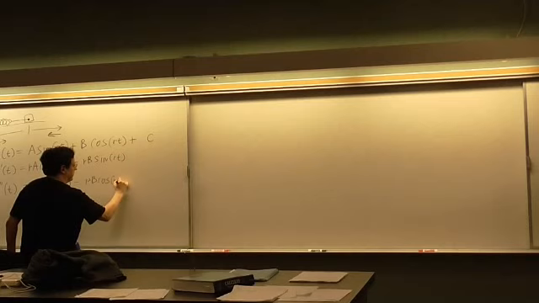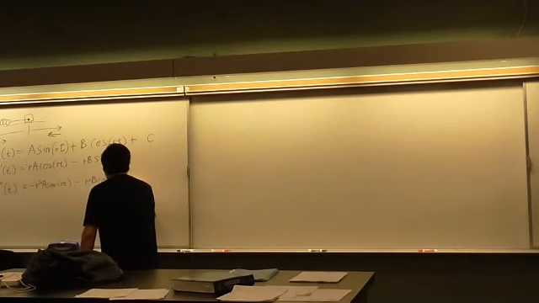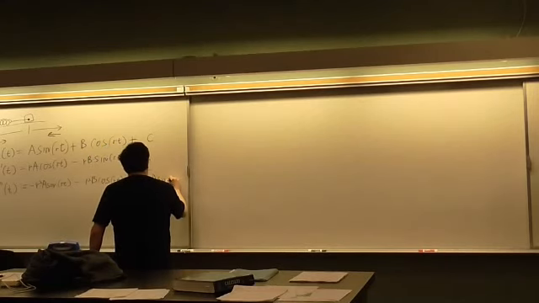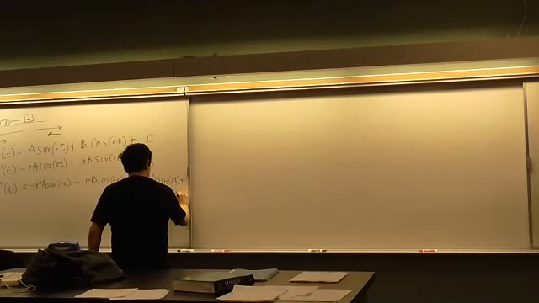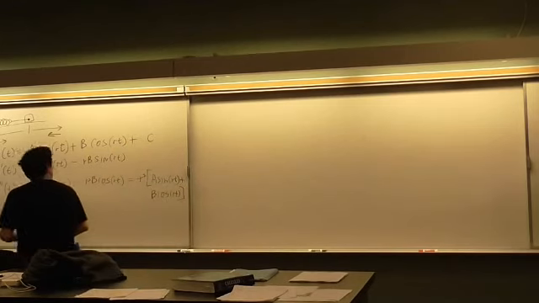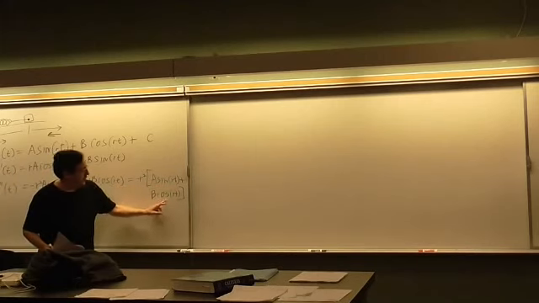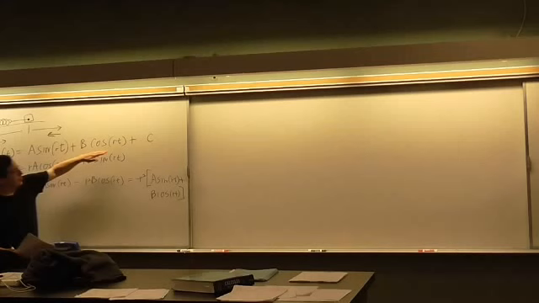And let me rewrite this as negative r squared times a sine of rt plus b cosine of rt. Okay, well that's good because a sine rt plus b cosine rt looks just like our original function, except for the c.